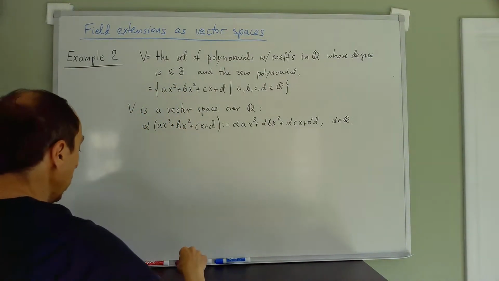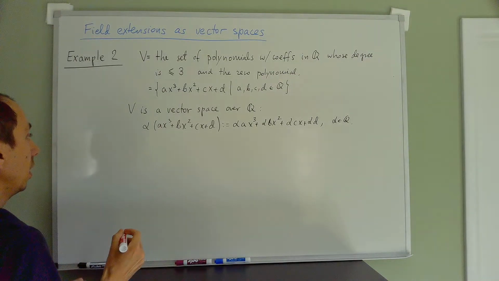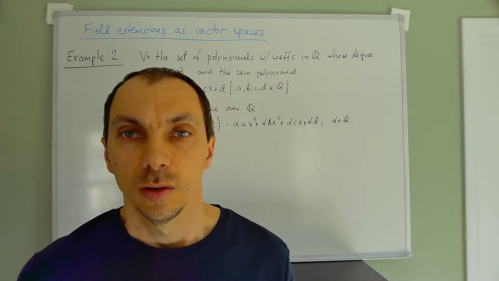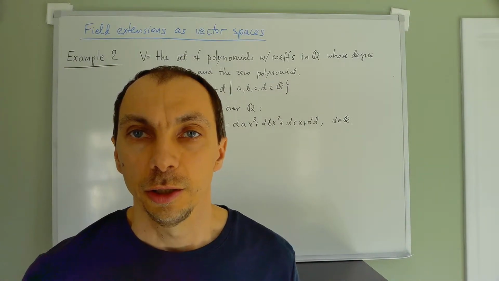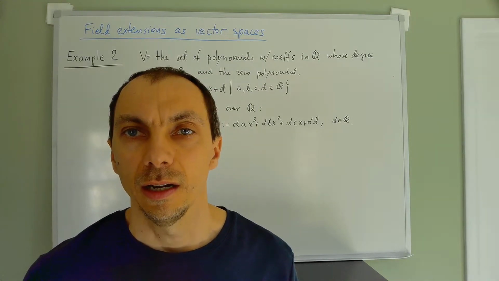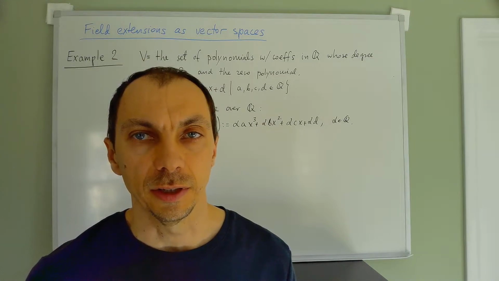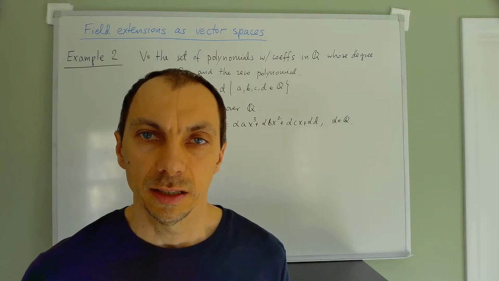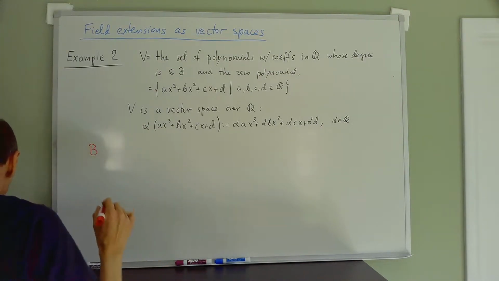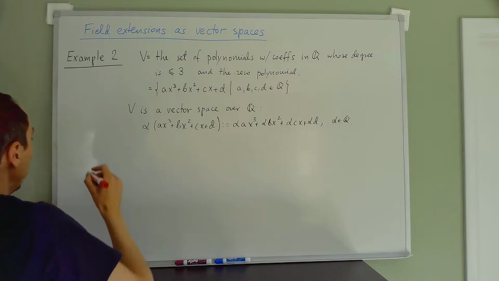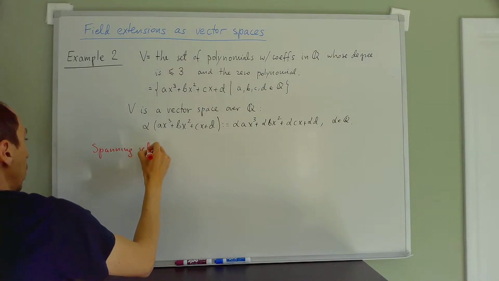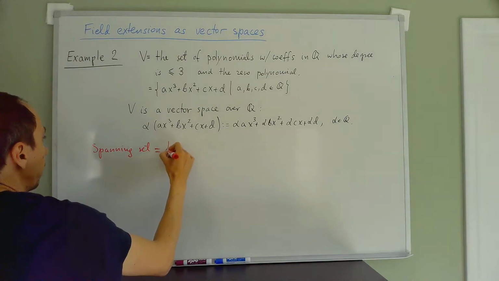So some things about this that you could actually specify. One question that we would often like to know is, what is a basis? There are many possible bases of any vector space. So we would like to find a basis for this, or maybe give an example of a spanning set. A very simple example of a spanning set is this.